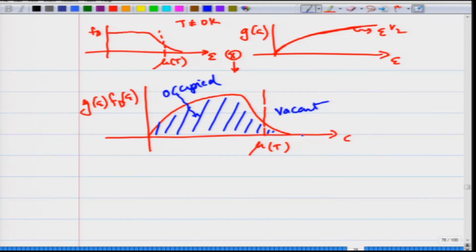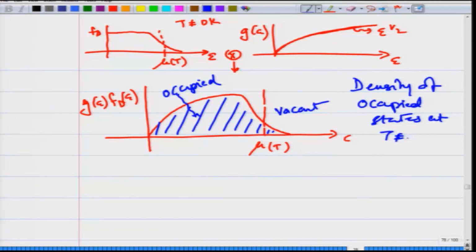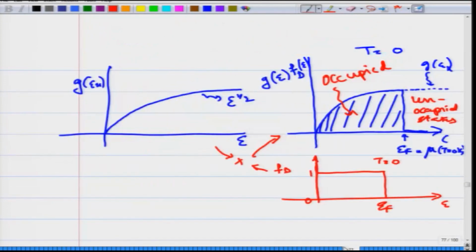So, this is the density of occupied states at T not equal to 0 Kelvin, and this is the energy E. This is the behavior, and at temperature T equal to 0, this is roughly similar.